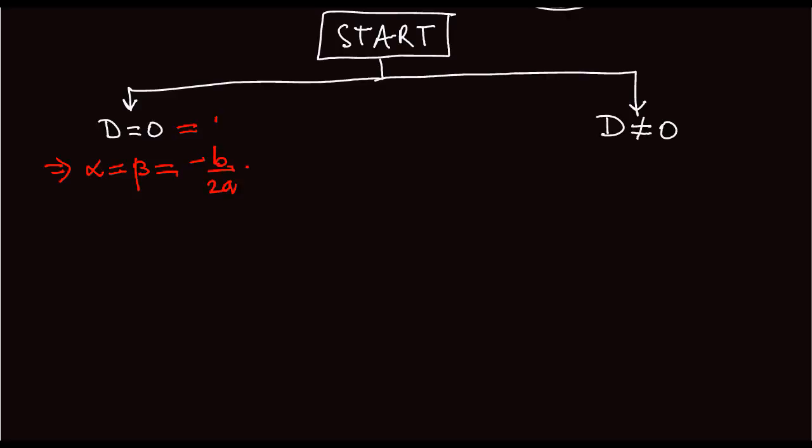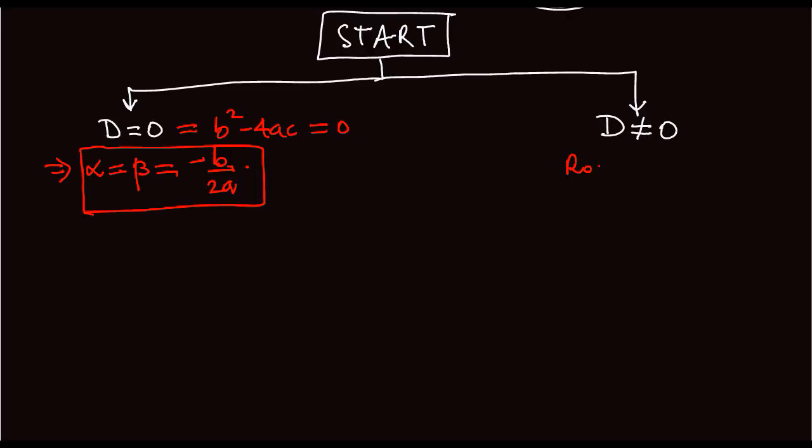That means b square minus 4ac is equals to 0, that is, b square is equals to 4ac. Then c is equals to minus b by 2a, because alpha is equals to beta. So this is the relation in alpha and beta if d is equals to 0.